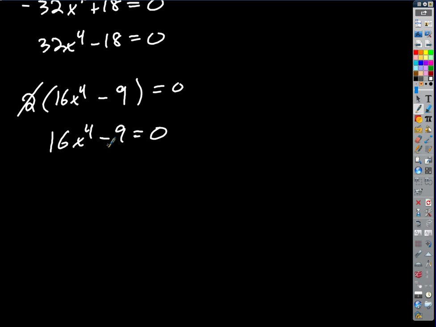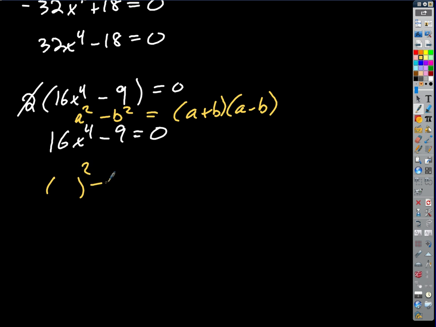What do you think? Squares, yeah. Could we make this look like a squared minus b squared, right? Because that's an easy one. That's just a plus b times a minus b, right? So the question is, can we make this look like something squared minus something squared?